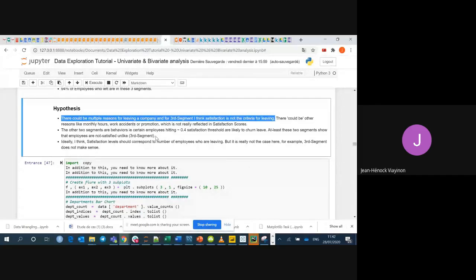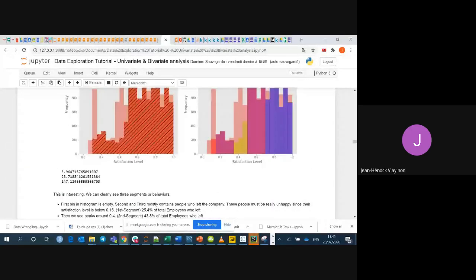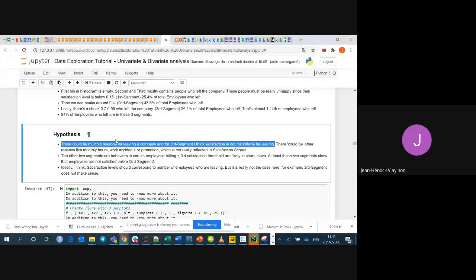Another hypothesis comes from looking at the above bivariate analysis. Another hypothesis is about the other two segments' behavior, for example the certain employee hiring. This is about the distribution of satisfaction across the segments. They were talking about the third segment here, that at least these two segments show the employees are not satisfied.